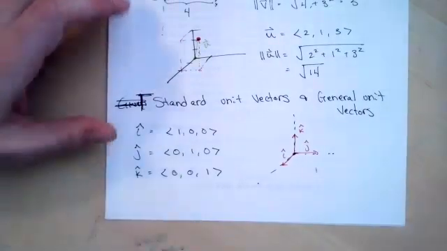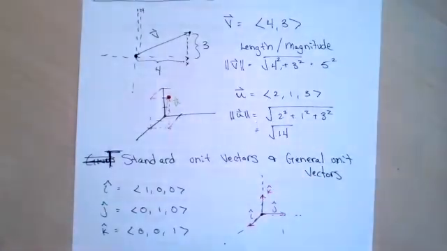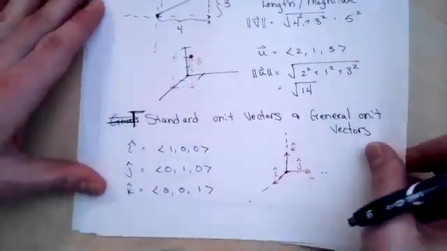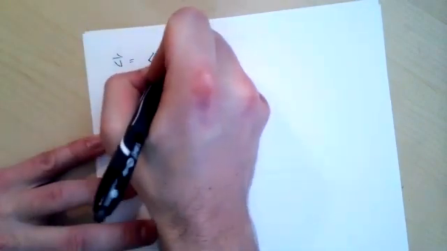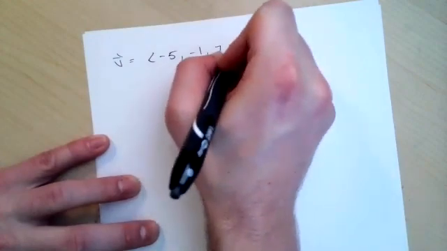Commonly when we have these vectors in component form, I like to use the angle bracket notation. I think it's a little more concise, though sometimes it can be a little redundant. Let's say we have another vector v, and let's write it in component form as ⟨-5, -1, 7⟩.